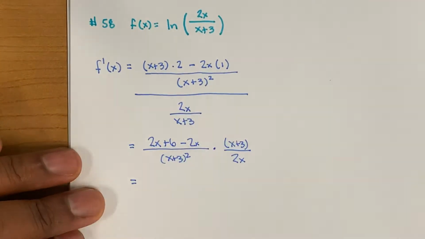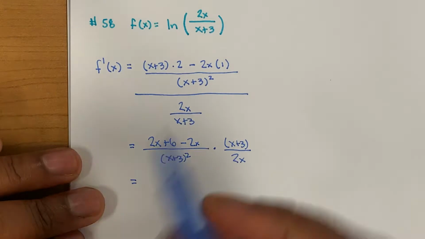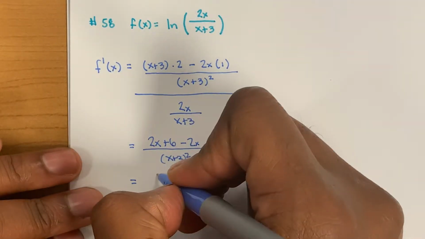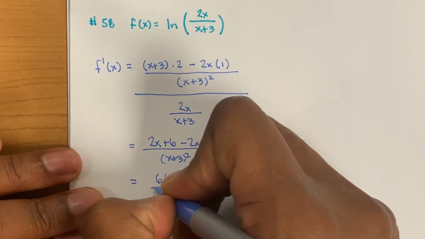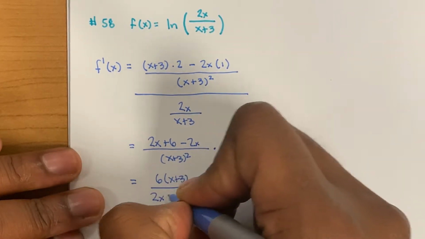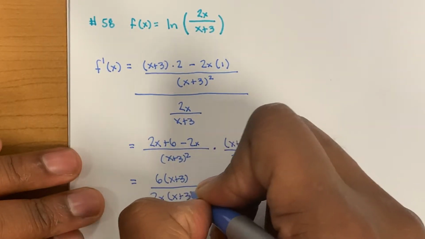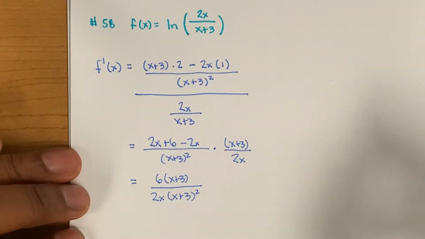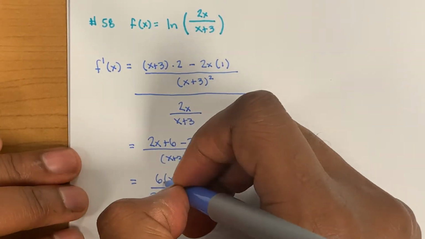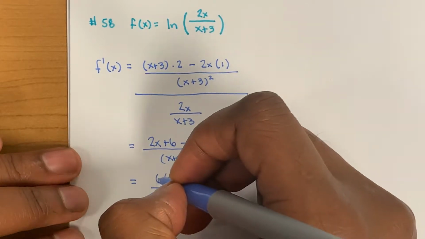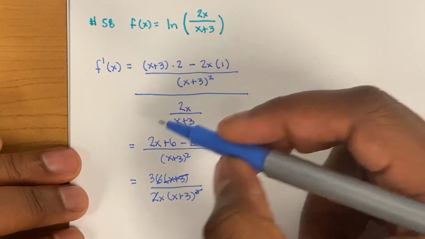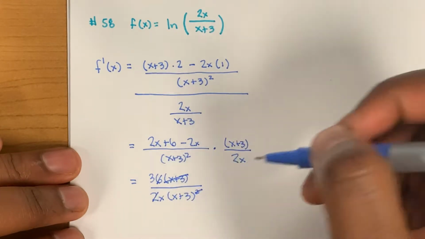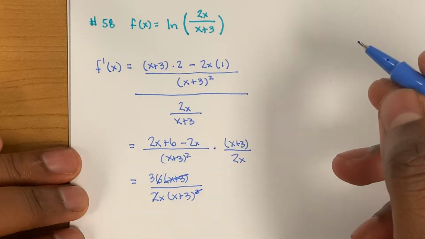And when we further simplify, well, 2x minus 2x is 0, so we get 6 times x plus 3 over 2x times x plus 3 squared, which one of the x plus 3's cancel, and we get that to the first, and then 6 divided by 2 is 3. So we end up with 3 over x times x plus 3 as our final answer.